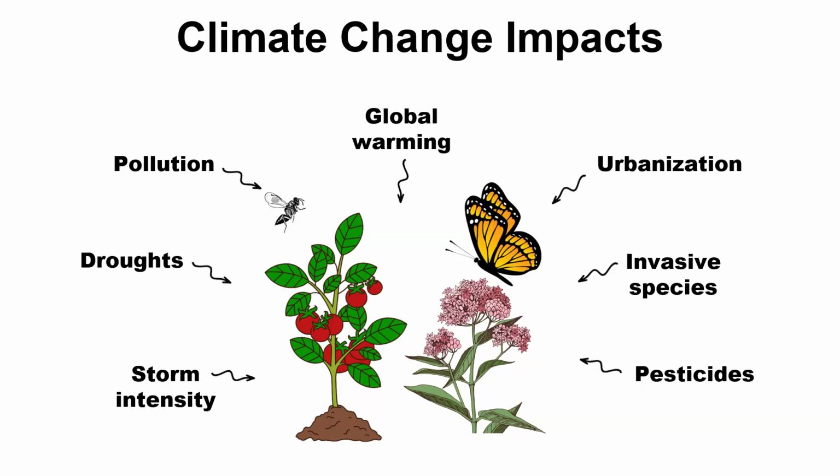Things like pollution, droughts, global warming, urbanization, invasive species, and pesticide use. So we have all these things that are impacting our plants and our animals that will impact the overall health of these particular organisms and within our ecosystems as a whole.